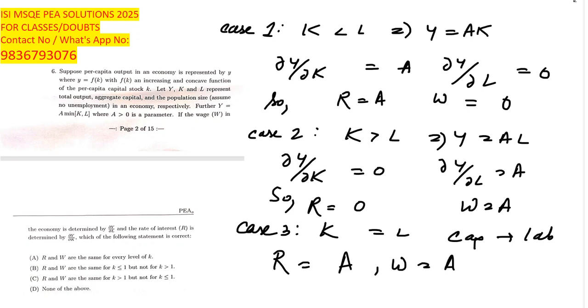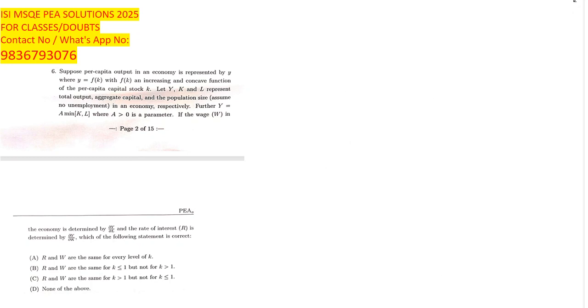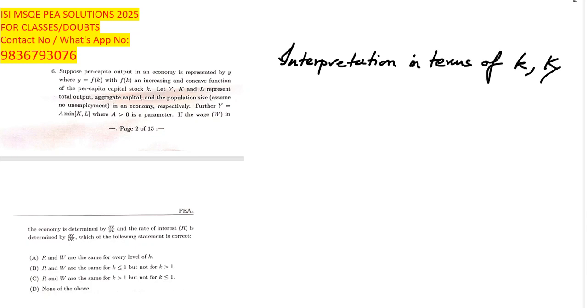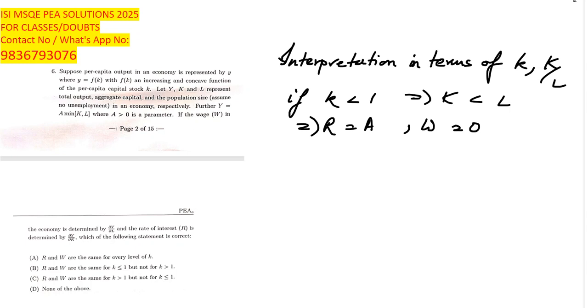So what is the interpretation in terms of k here? That we have to understand. So interpretation in terms of k, that is K by L: if k is less than 1 or K is less than L, R is equal to A and W is equal to 0.